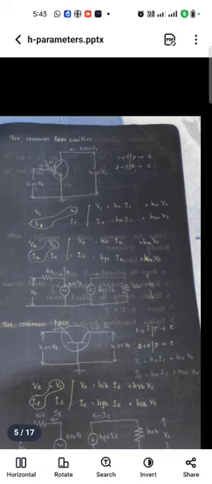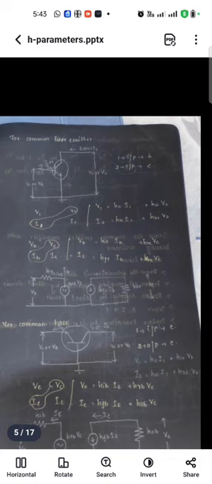That's why HIE into IB. Then in series the reverse one: h12 is reverse, so HRE into VC, and I2 is IC. h21 is forward: HFE into the input current, that is IB. And HOE is the output resistor, and its voltage is VC.